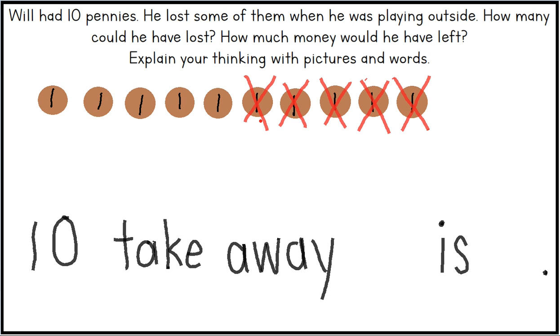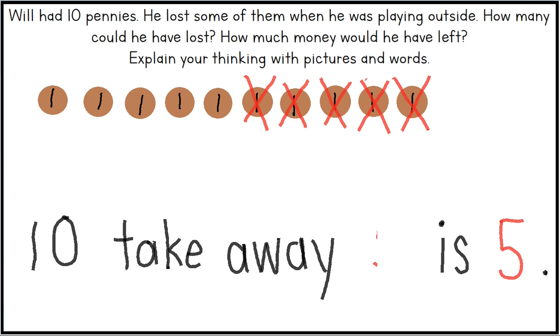So Will had lost 4 pennies before, and now he lost another one. So he's lost a total of 5 pennies. So in a group of 10, if he lost 5, how many does he have left? He has 5 left. We know 5 and 5 is 10, right? Well, 10 take away 5 is 5.